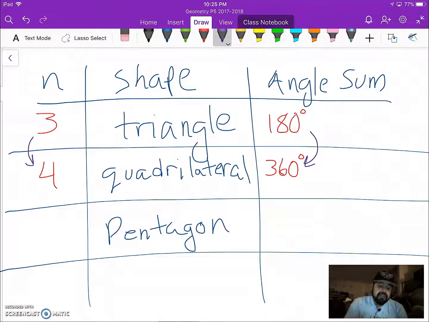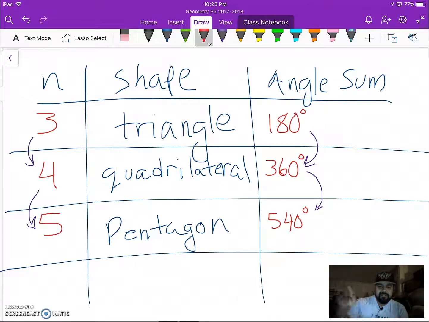And we do end up showing that that is true, but we're going to generalize that into something a little easier for us to understand. So for a 5-sided figure, there's going to be 360 plus 180 degrees, which is 540 degrees. So that means all the angles in a pentagon, all 5 of them, need to add up to 540 degrees.